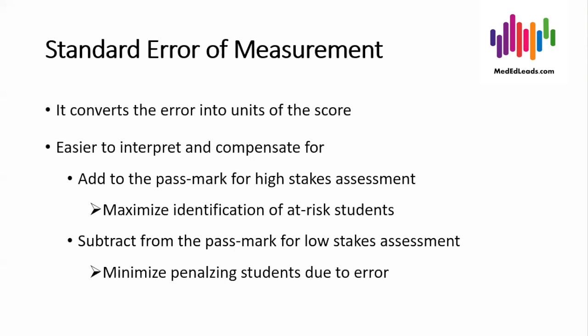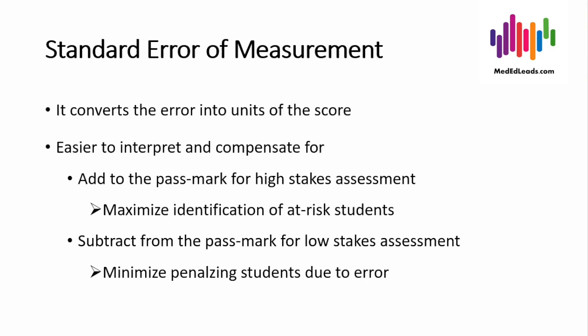How do I use this information? 0.82, what does it mean? So, standard error of measurement, and there is a formula which is very commonly available on Google. I'm sorry, I should have mentioned the formula here. Please feel free to Google it. It depends upon the standard deviation and the reliability.